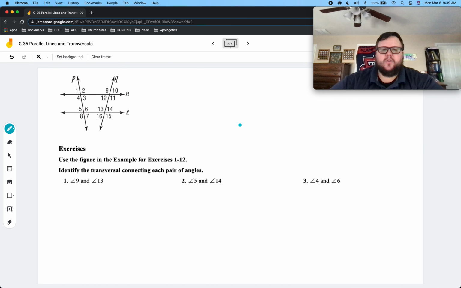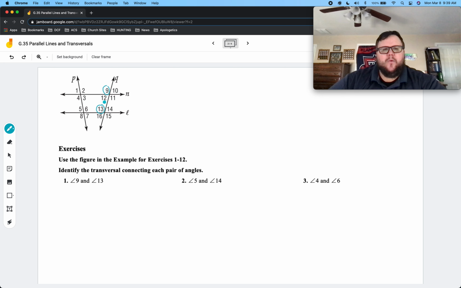So we're going to go through. All we're doing today is identifying the relationships between these angles. So let's start with, this is our figure up here. And we're going to start with angle 9 and 13. So I'm going to see angle 9 and angle 13. If I'm looking at this section here, that section there for number 1.